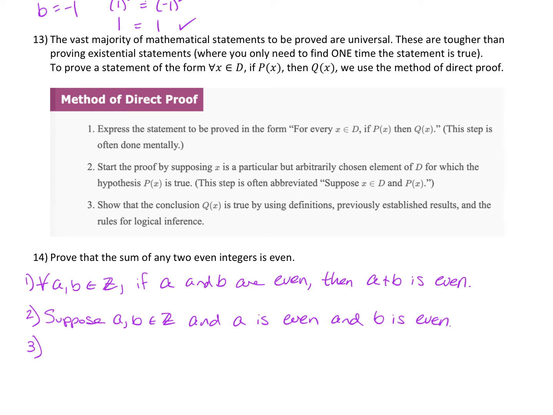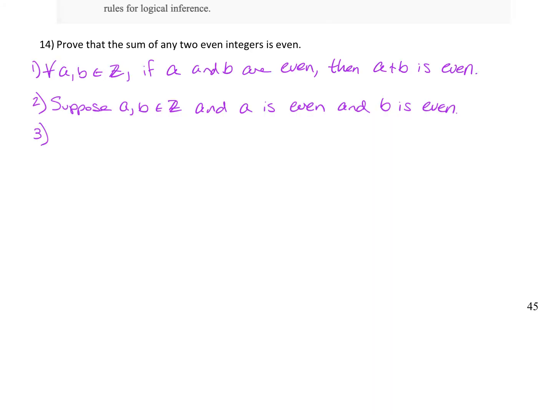So we'll use those. We have assumed that a is even and b is even. So a is even means a can be written as twice an integer, for some k in the integers.